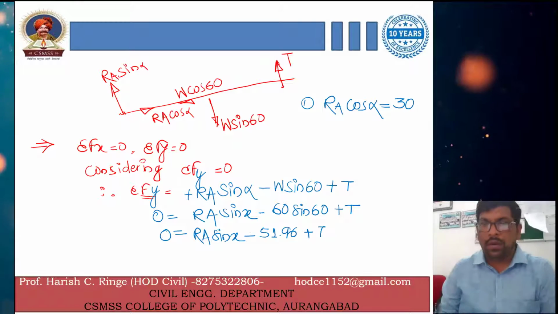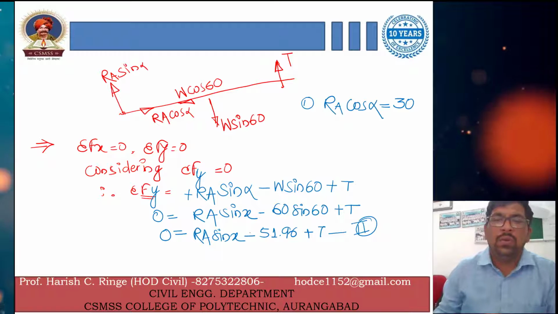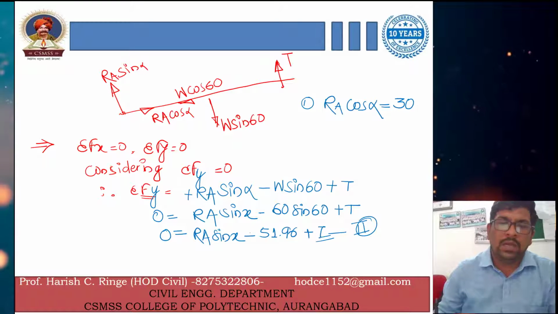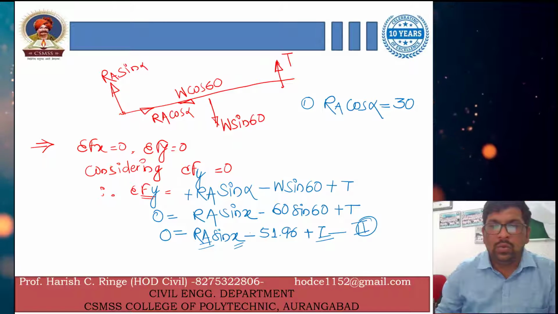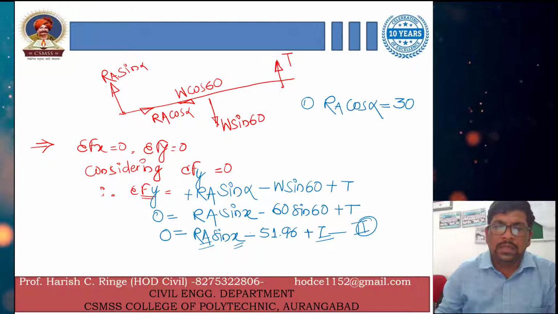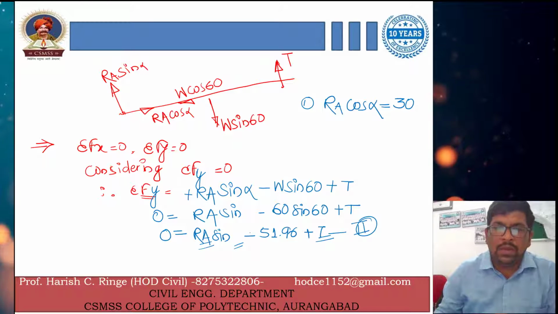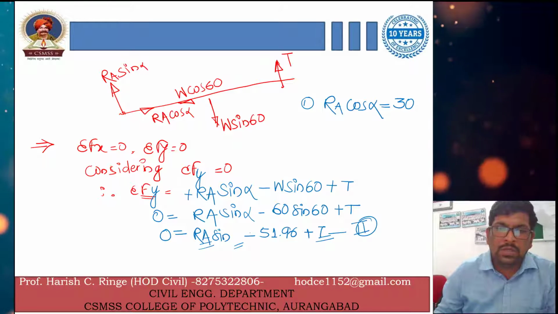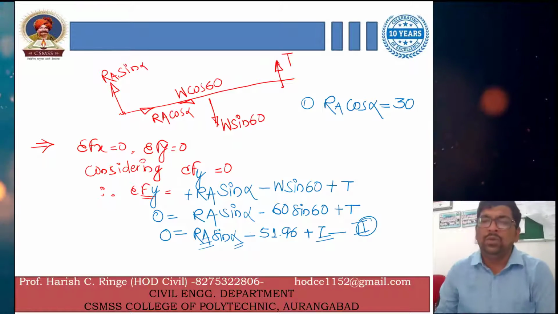Okay, so we have got this particular second equation, right? So right now we don't have the value of T, because we are having three unknowns. And you know that we can only find out the values if there is one unknown, or rather two unknowns.